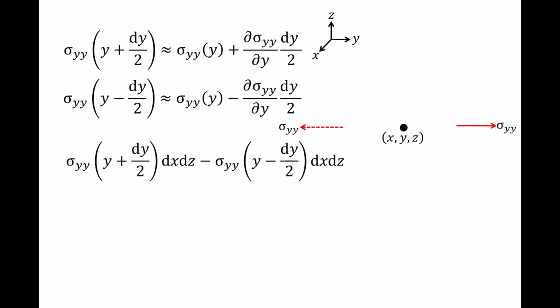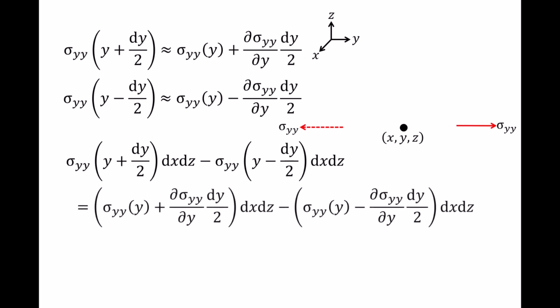The resultant force due to the stress sigma yy is sigma yy at the right surface times dx dz minus sigma yy at the left surface times dx dz. The minus sign appears because sigma yy on the left side points in the negative y direction. We plug in the approximations for sigma yy at the right and left surfaces, and notice that the sigma yy terms cancel out.